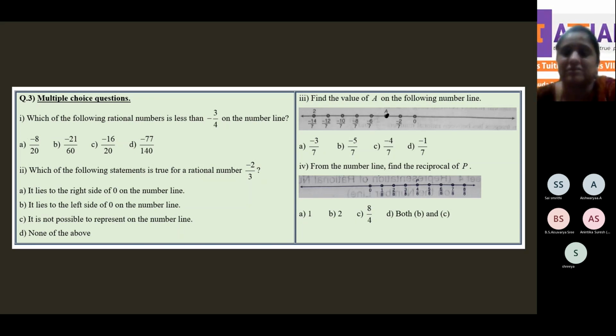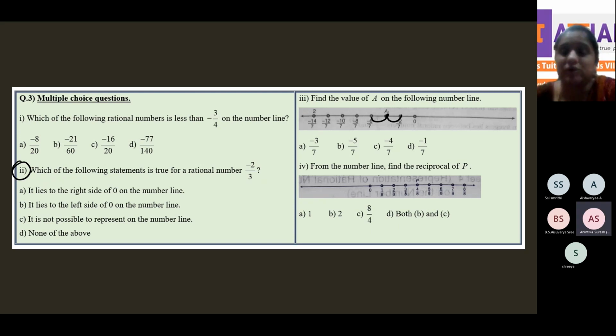You can see the spacing, and that's how we have to understand this question. Yes, I got that, but I just wanted to clarify. In this case, it's only one answer, -4/7. But in multiple choice questions, you can have more than one option, and more than one statement can be true.